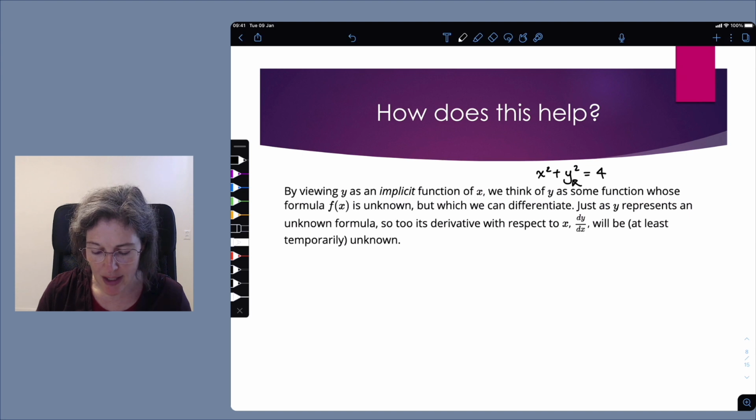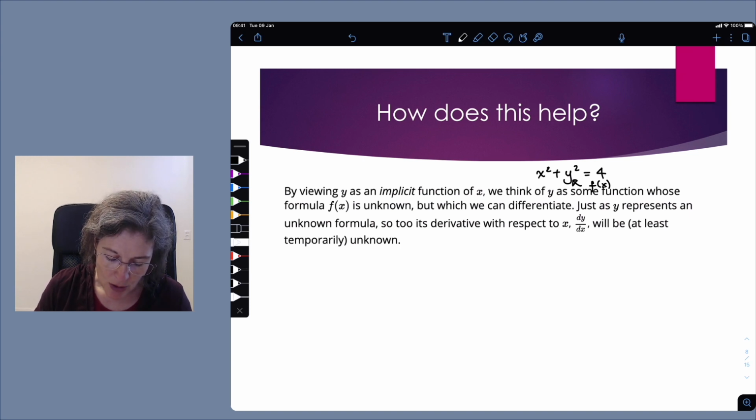So we're really thinking of y as some f of x. We don't know what it is, but we just know that it is a function of x. And this gives us a way of differentiating our implicit functions, because what we can do is we can differentiate both sides of that equation. So if I've got x squared plus y squared is equal to 4, now I'm going to differentiate both sides.